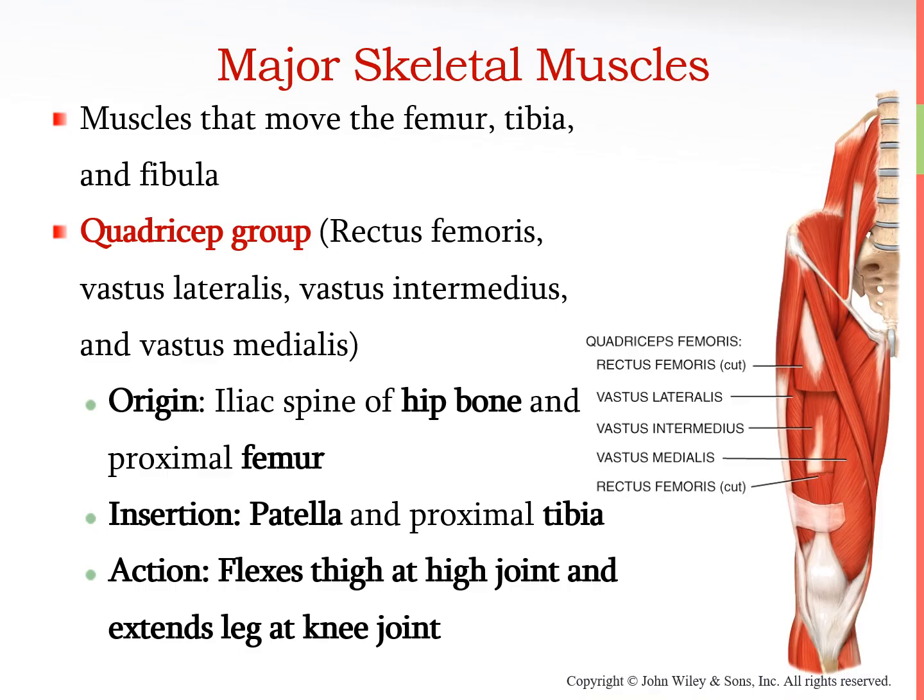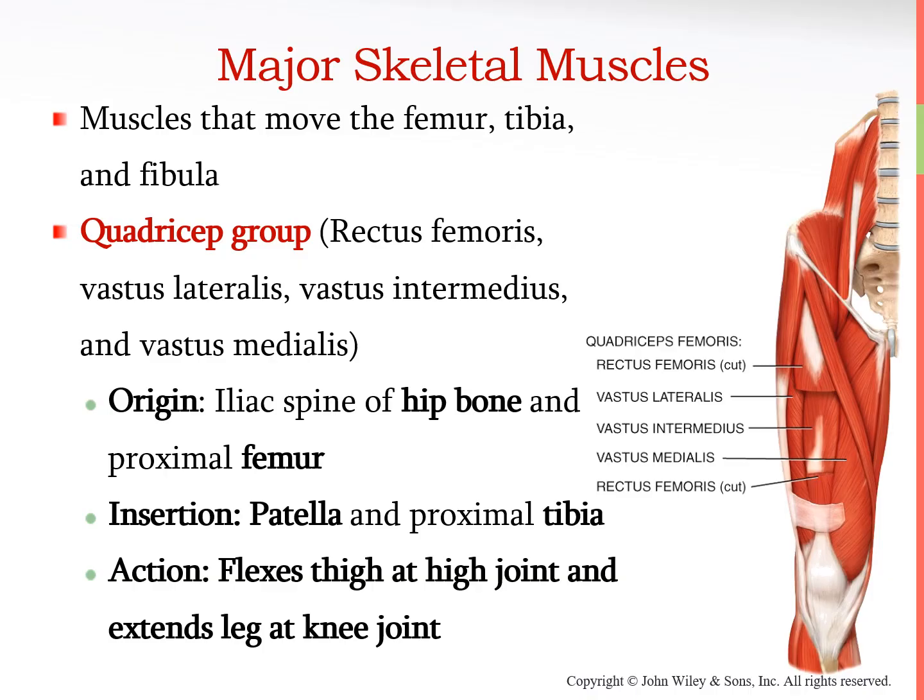Collectively, the origins of these muscles include the iliac spine of the hip bone, so that ridge of the iliac part of the hip, and the proximal femur. The insertion is way down past the knee joint via the patellar ligament into the patella and proximal tibia anteriorly.